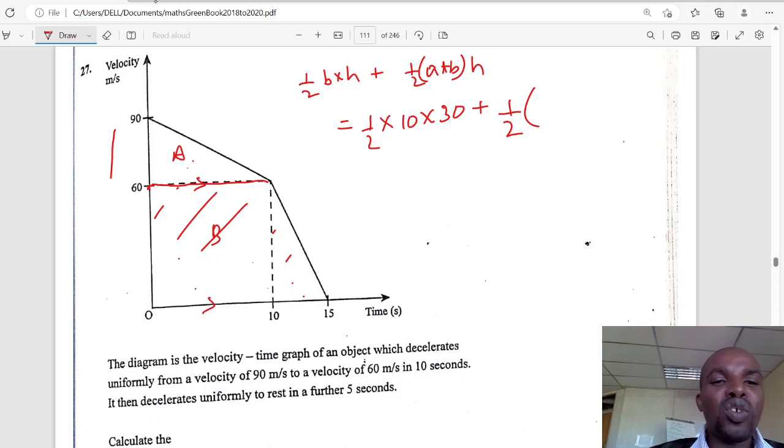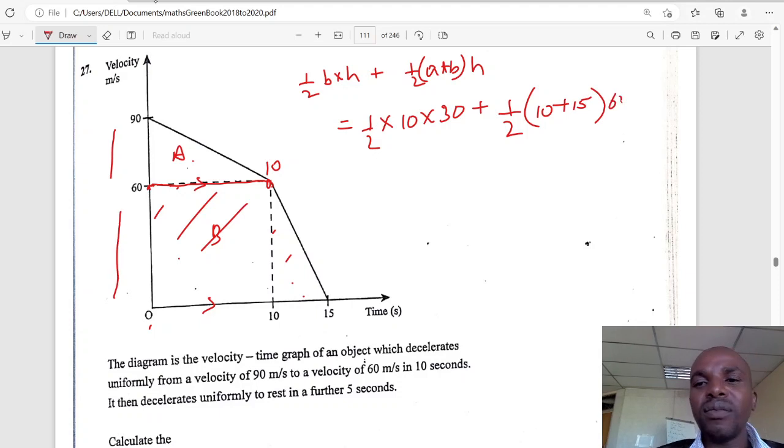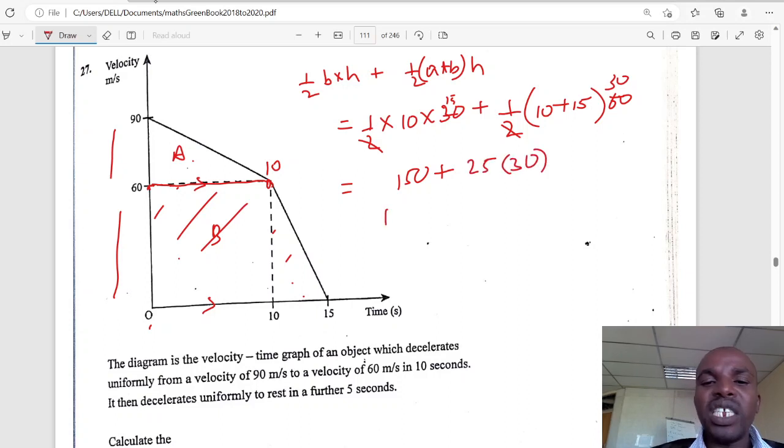The side on top is 10, plus the other side is 0 to 15, times height 60. This first part is 150, plus half of 60, you can say 30, times 10 plus 15 is 25. 25 times 30 will be 750.